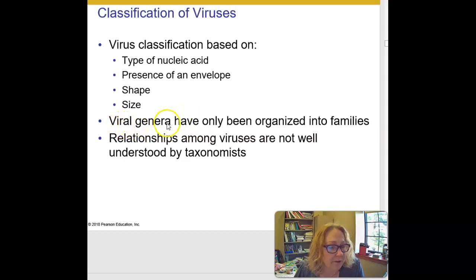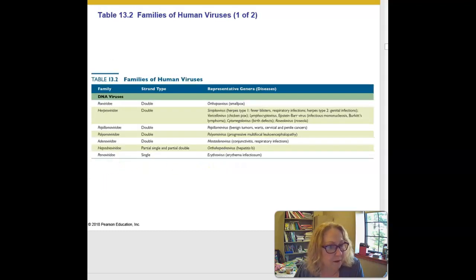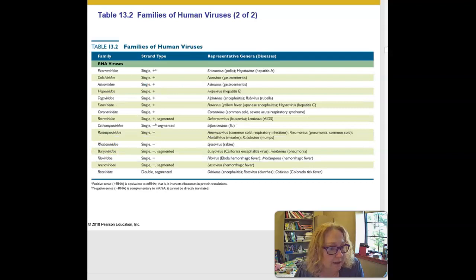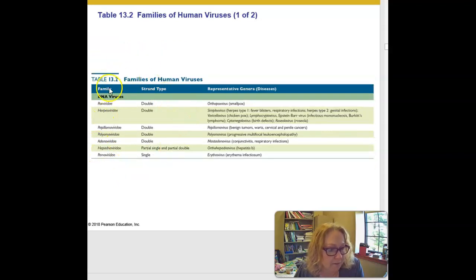The genera, like genus and species, have only been organized into families recently. Relationships among viruses are not well understood by taxonomists because this is a lot of just DNA and RNA. There's some families. Again, you will see this when you look at your note cards. You've got herpes, you've got chicken pox, you've got hepatitis. These are DNA viruses, right?